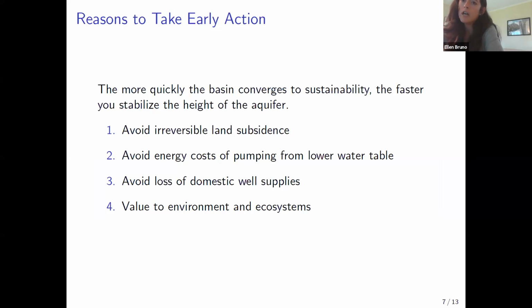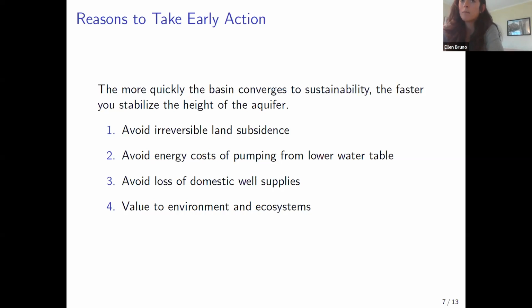We could potentially avoid some irreversible land subsidence or the loss of some domestic well supplies. It could have implications for the energy costs of pumping because you're changing the water table, and other value to the environment and ecosystems.